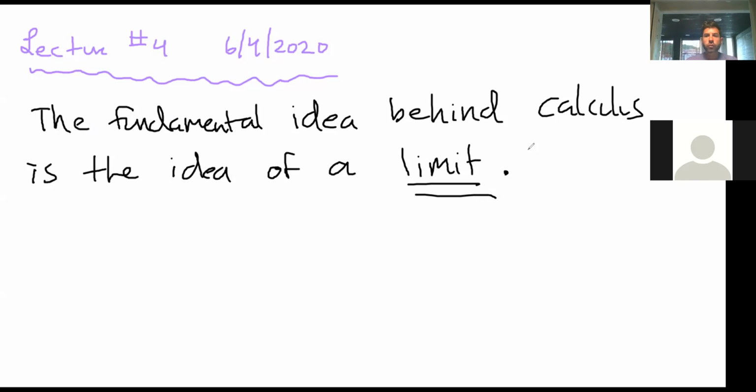As I alluded to, humans have had this idea of how to study area, and not necessarily velocity and speed right away, but we eventually gathered that. But the missing piece to the puzzle of bringing these ideas into a solid framework was this thing called a limit.